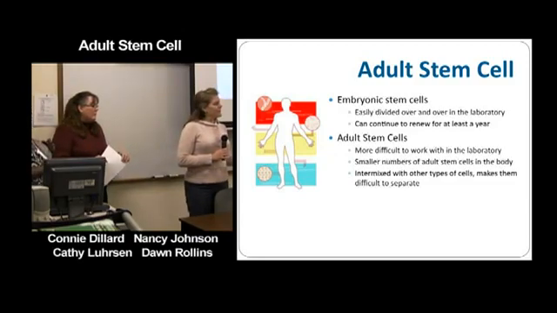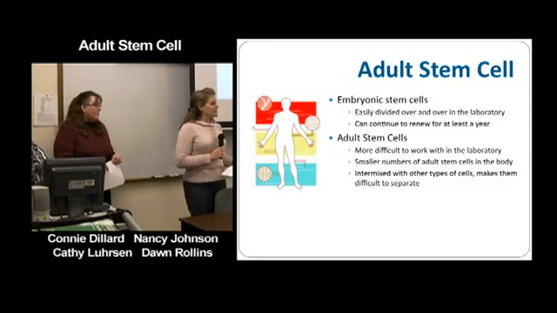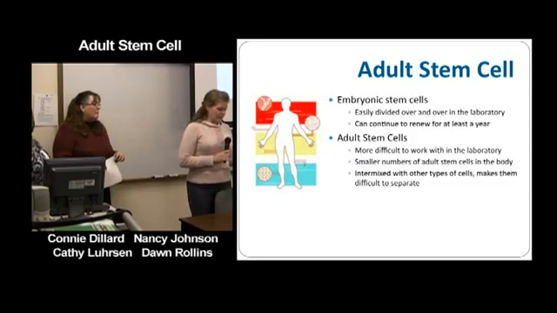They're a lot harder to identify in the body, and there aren't that many cells. So for research purposes, when they are trying to harvest them, it is a bit more time-consuming. Also, adult stem cells can intermingle with other cells, so that also makes it a little bit difficult to locate them and harvest.